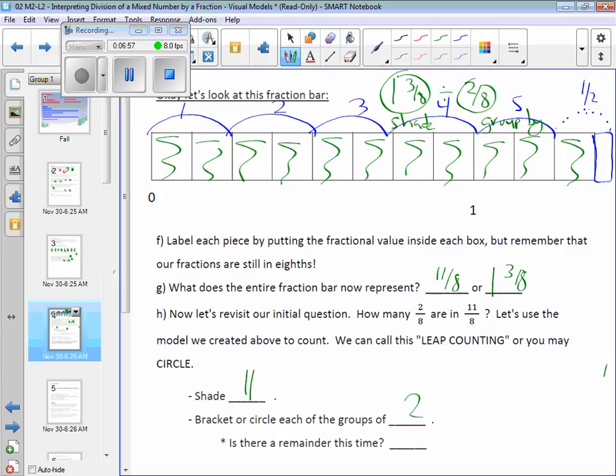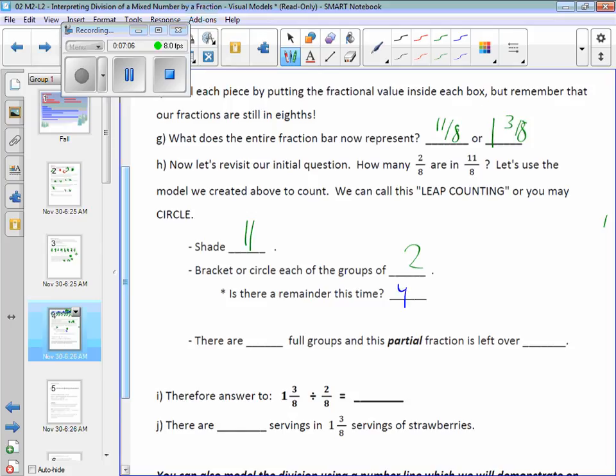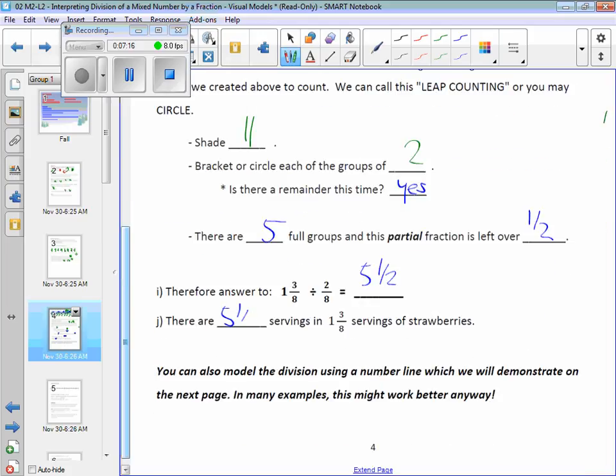But like I said, it's been 4 days since you've done it, so it's a little bit of a refresher anyway. So there's 5 servings, with each serving being 1 3/8 in size of strawberries. In essence, that's kind of what we did.